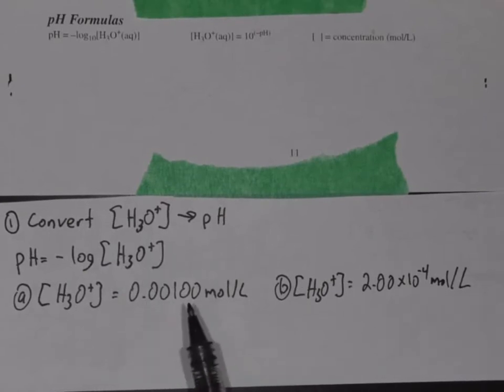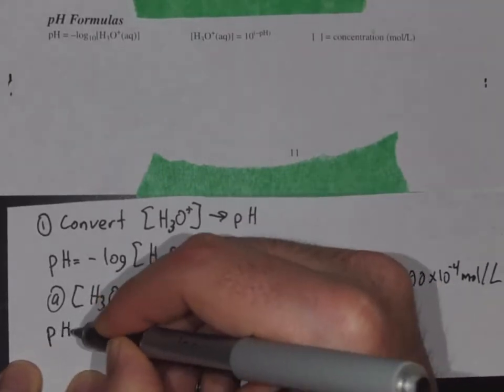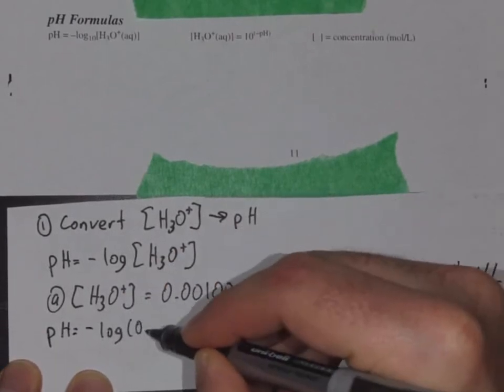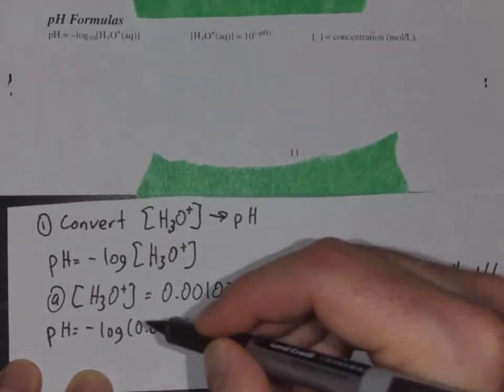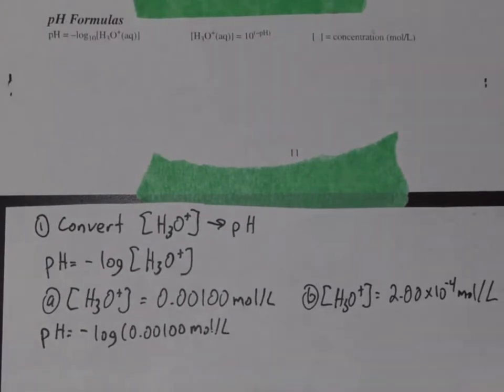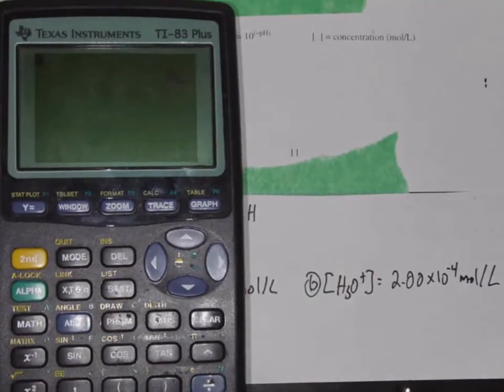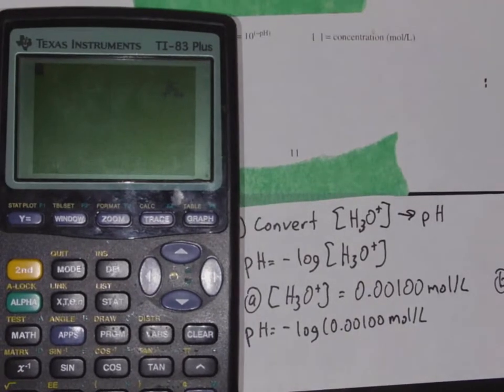I have two examples where I've given you the hydronium ion concentration. The pH is going to equal the negative log of, in this case, 0.00100 moles per liter. To do that question, I would get my calculator out. Hopefully you can see that. The negative button I used is right down near the bottom.